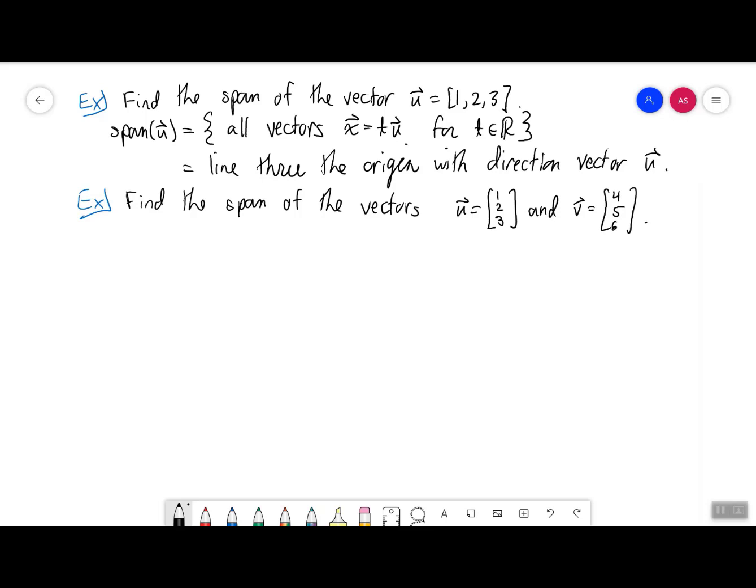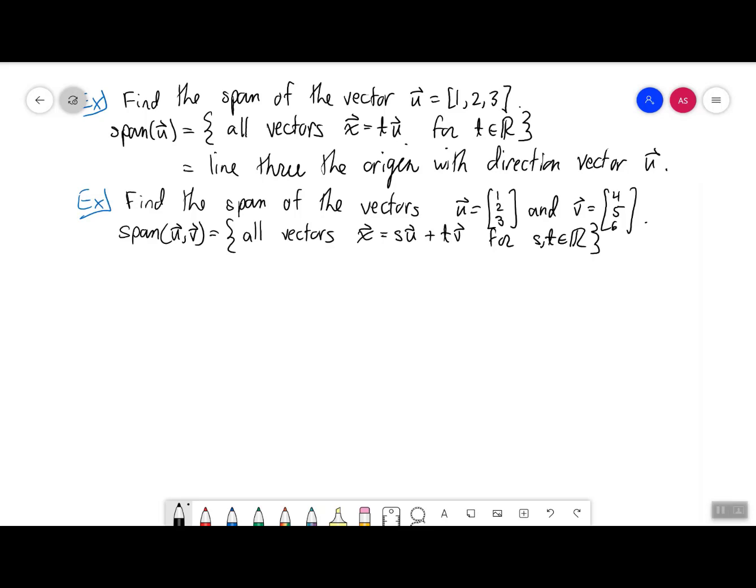By definition, the span of the vectors u and v is the set of all vectors x equals su plus tv for s and t in R. And again, this should be looking familiar. This looks just like the vector form for the equation of a plane in R3.